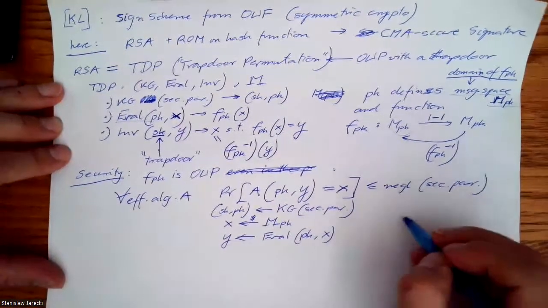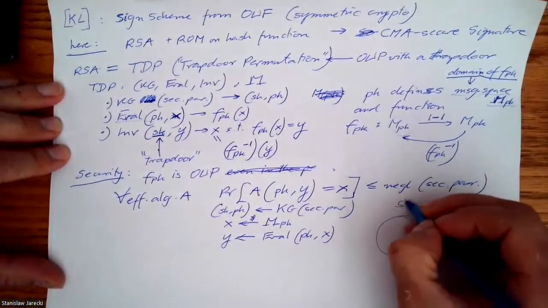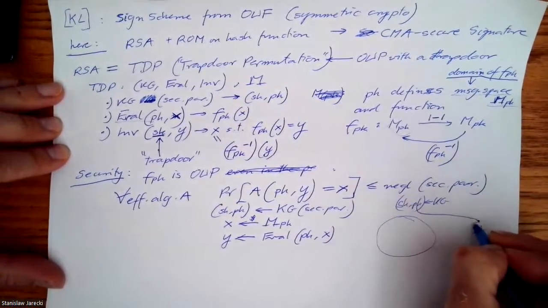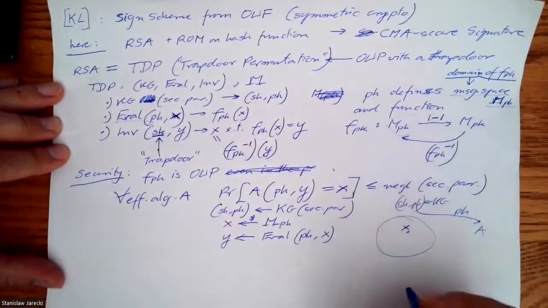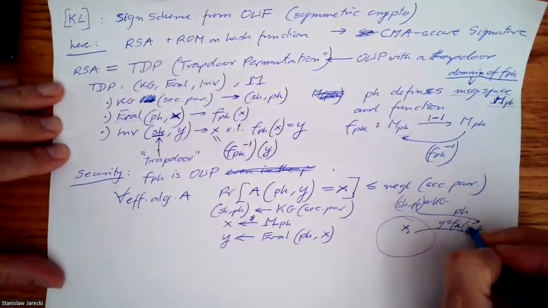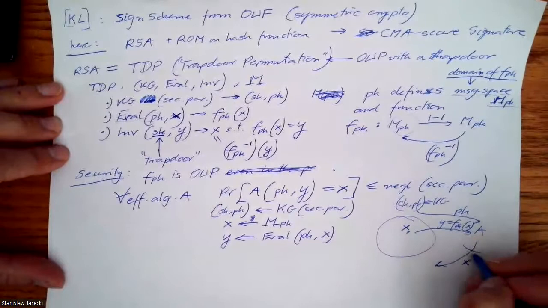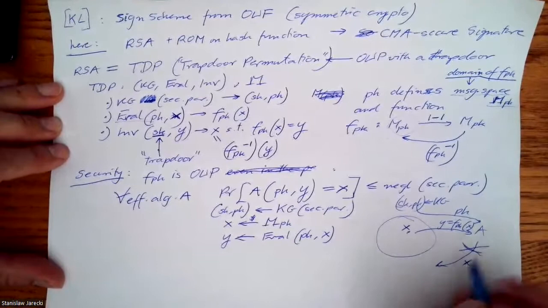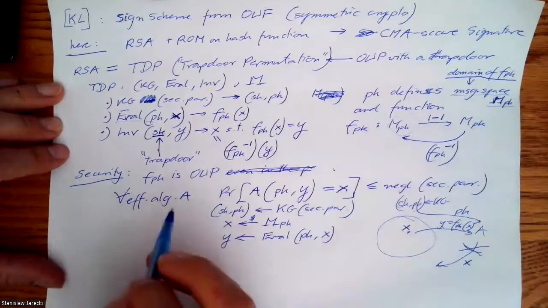So in other words, first the secret key and public key were generated, and the attacker has the public key. Then I sampled at random a point X and gave the attacker Y, F_PK of X. And I asked him what's X, and he should have a low probability of outputting this, given these two inputs. That's the one-wayness.